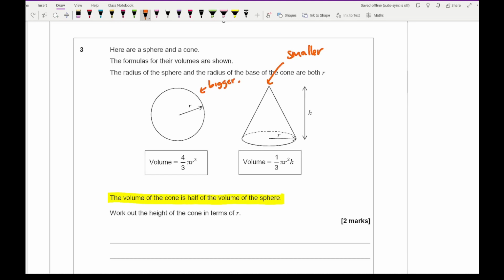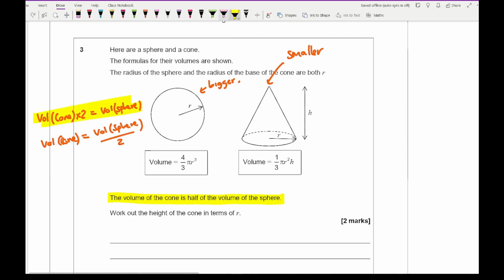That means that either the volume of the cone times 2 equals the volume of the sphere, or the volume of the cone equals the volume of the sphere divided by 2.